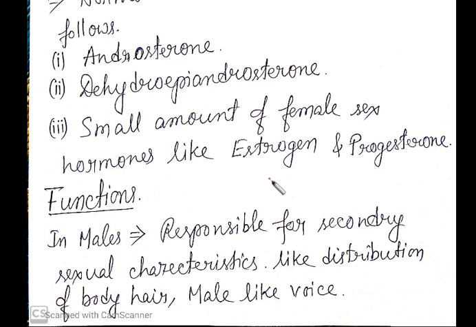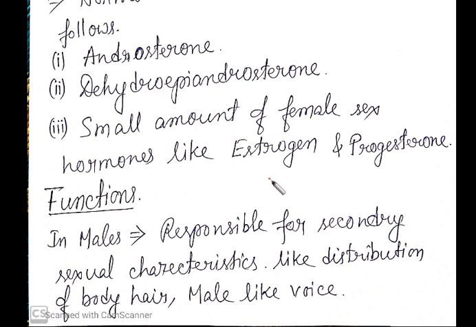In case of male, these hormones are responsible for the secondary sexual characteristic development. So what are the secondary sexual characteristics? Like the body hair in case of the male, distribution of the body hair in the body. Then also the male-like voice is one of the secondary sexual characteristics in male, right? In case of female, again they are responsible for the appearance of the secondary sexual characters.